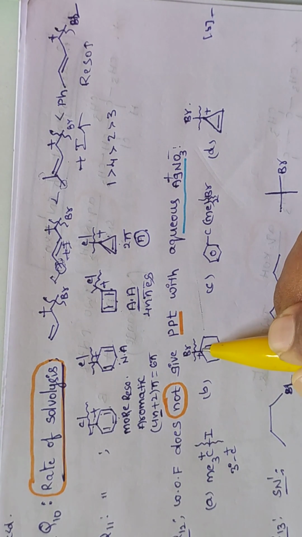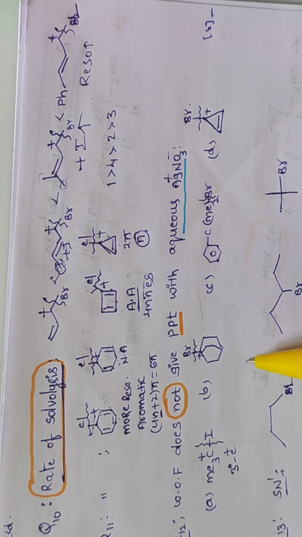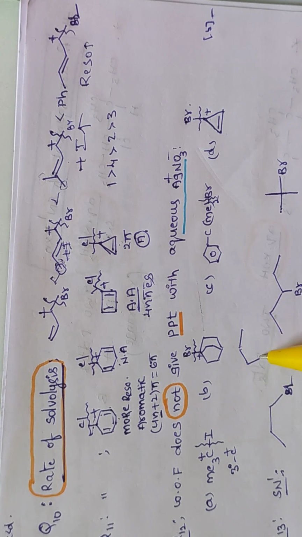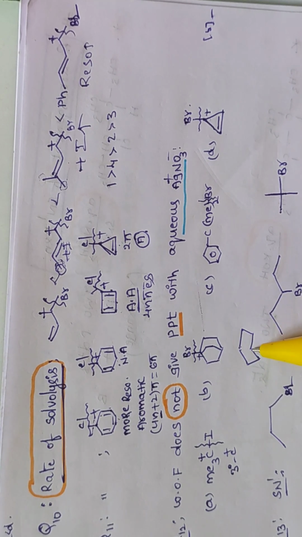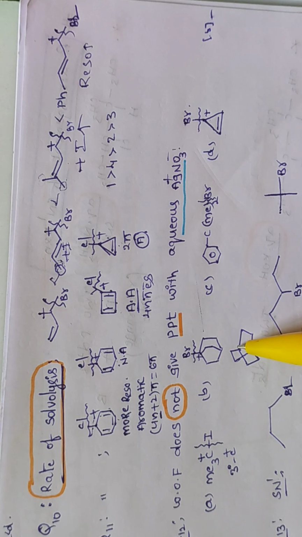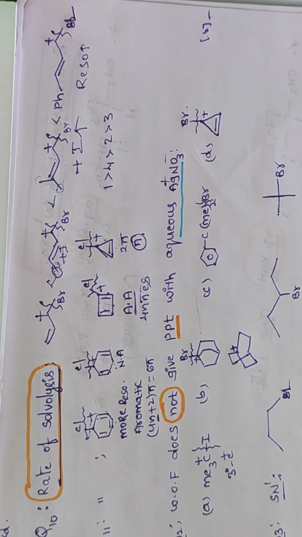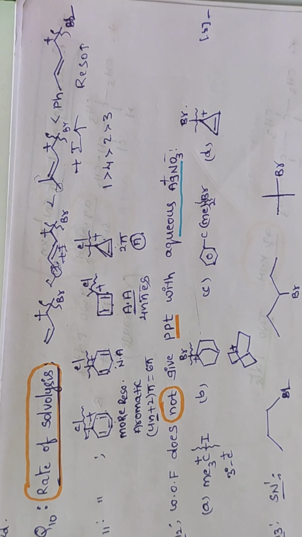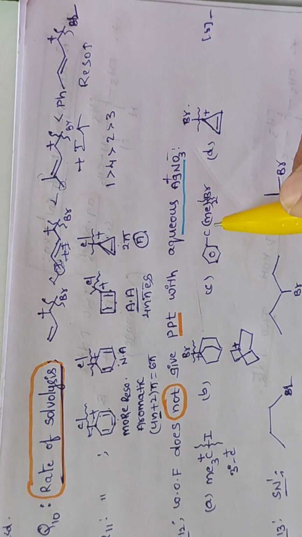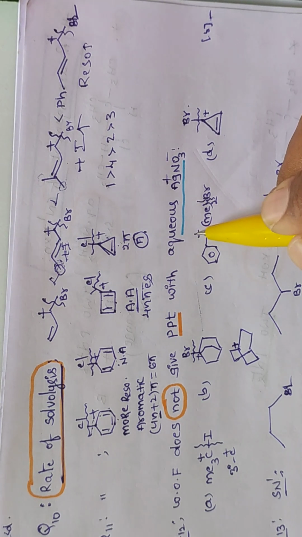This is called a bridgehead carbocation. At the bridge position the carbocation is formed. It is not a stable compound because that carbocation has a non-planar structure, so it is highly unstable.